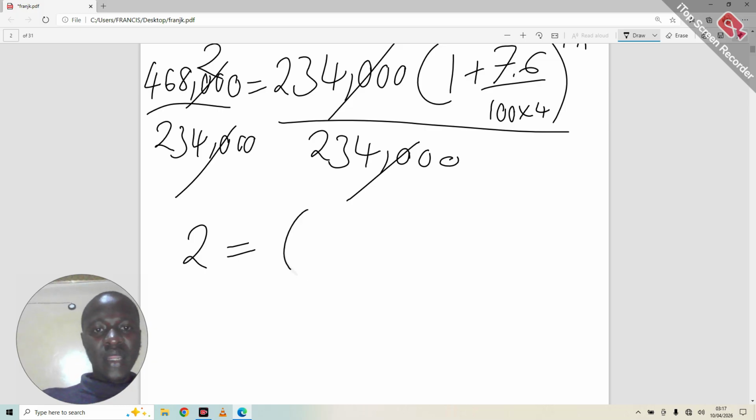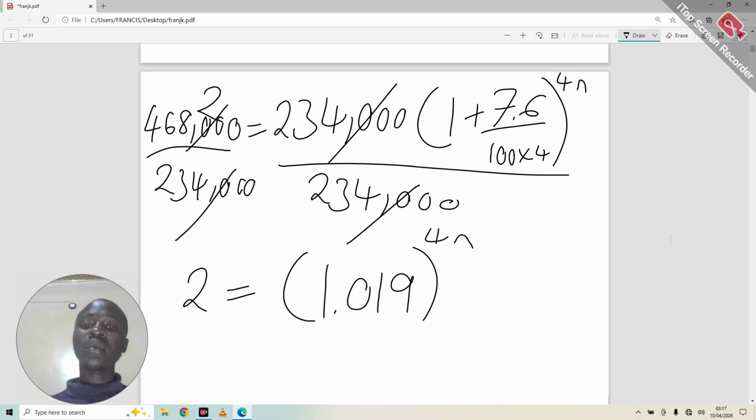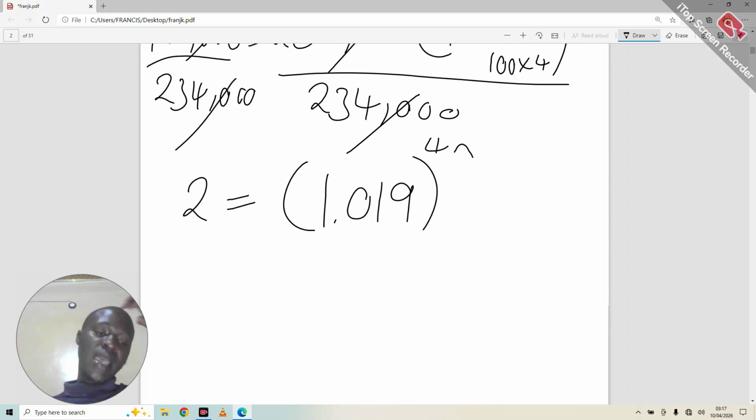So in the bracket we have 1.019, power 4n.